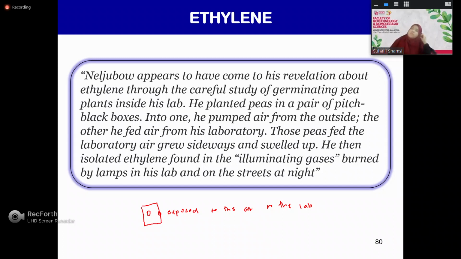He put it just next to the window so that the opening would only allow entrance of air from the outside. And he compared the rate of germination of the seed itself. What he found out is that the peas exposed to the air in the lab would swell up, right?